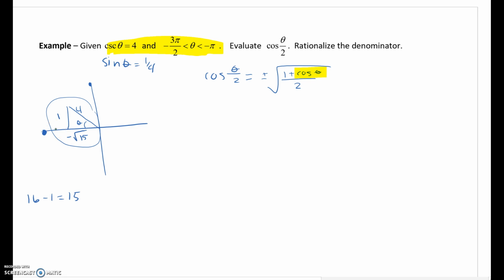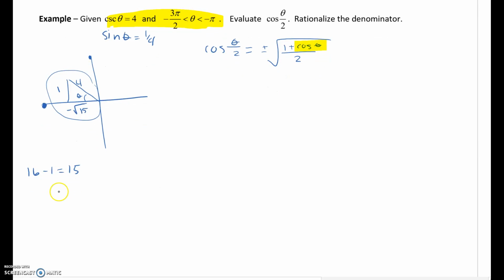To find theta over 2, I do 1/2 times negative 3 pi over 2 is less than 1/2 times theta, which is less than 1/2 times negative pi. I multiply everything by a half. So negative 3 pi over 4 is less than theta over 2, which is less than negative pi over 2.